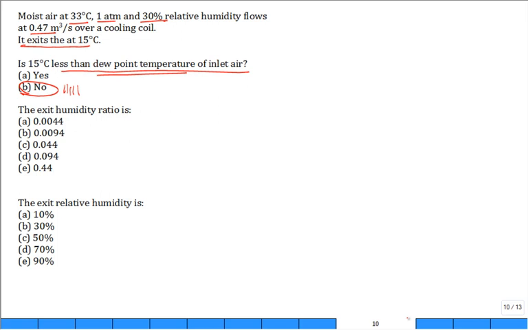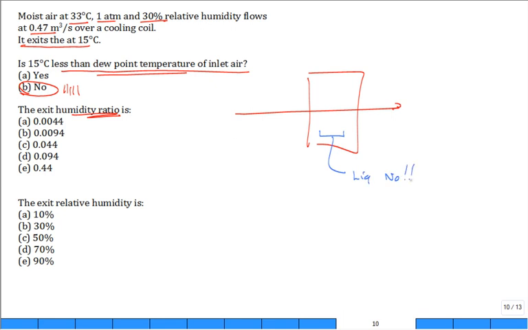It's close. All right. The exit humidity ratio is, so if it comes in and goes out like that, do you think we're going to get any liquid? No liquid.